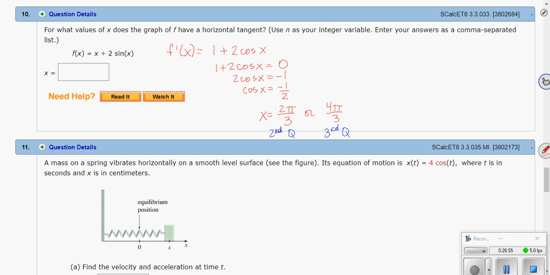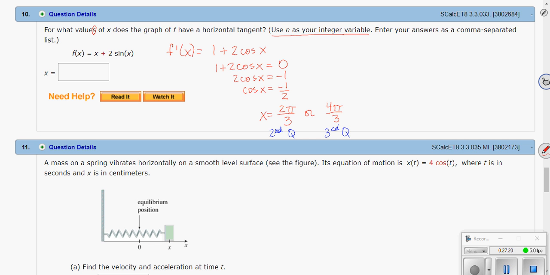Now it says for what values, but they want all values. And it says use n as your integer variable. Enter your answers as a comma separated list. So essentially the 2 pi over 3 is going to give you that for every iteration around the unit circle.